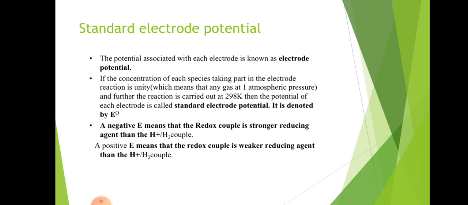Another, H2O2 plus 2H plus plus 2 electrons gives H2O, with 1.78 volt. These are some examples of standard electrode potentials, decreasing from top to bottom. These are some points included in the standard electrode potential and the redox reaction.